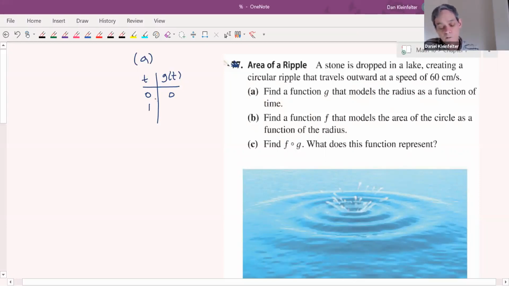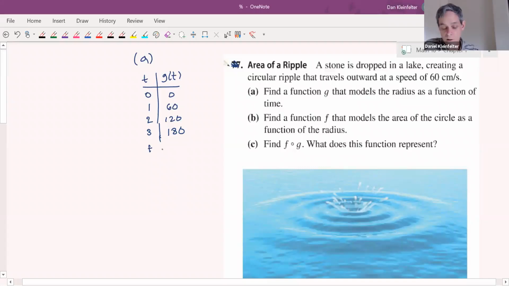So that means after 1 second, the radius should be 60 centimeters, right? After another second, it should be 60 plus 60 or 120. After another second, it should be 60, 60, and 60 or 180, right? If t seconds go by then, we're multiplying 60 by the number of seconds.